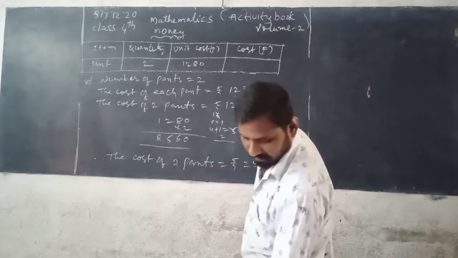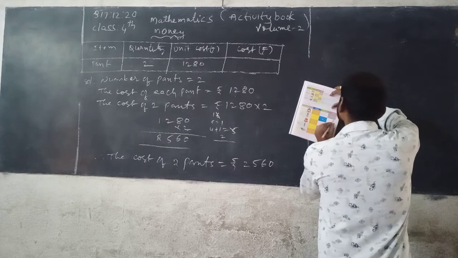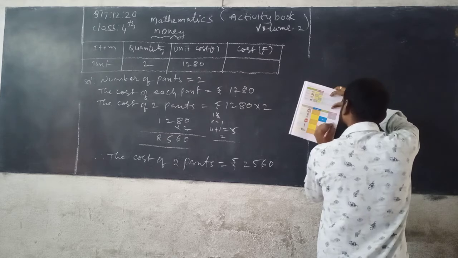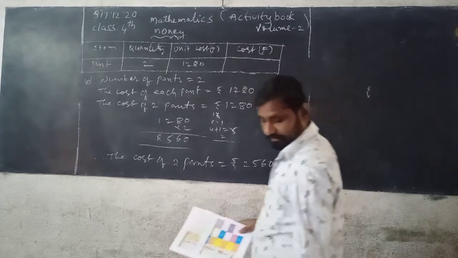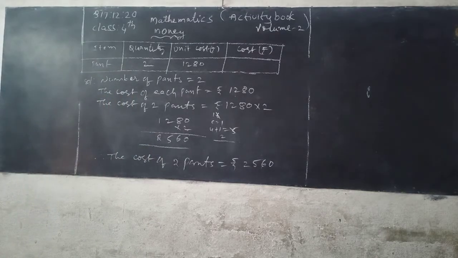Write down. 2,560. Write down total cost.